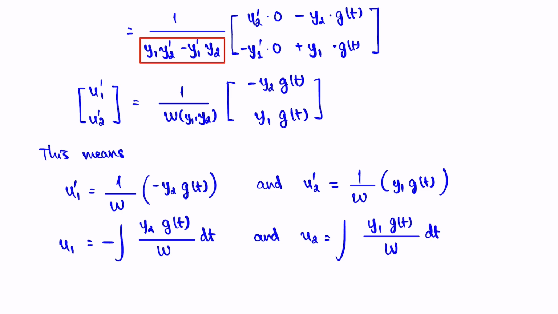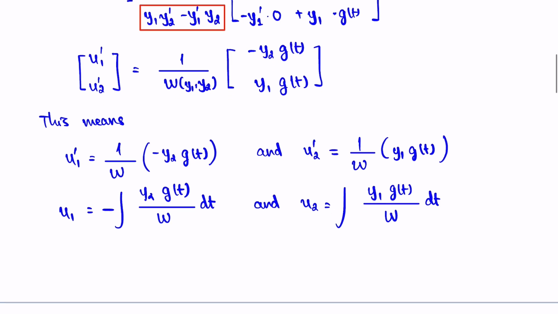So you get the representations of u1 and u2, where W is the Wronskian, g of t is the right-hand side of the non-homogeneous differential equation, and y1 and y2 are the solutions of the homogeneous equation. Then we put everything together to write down the final form of the particular solution. Remember the assumption we made at the beginning, that the particular solution is u1 times y1 plus u2 times y2.